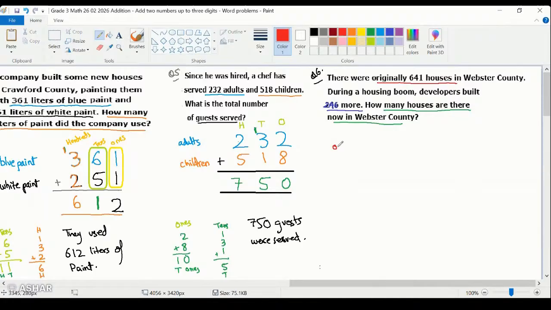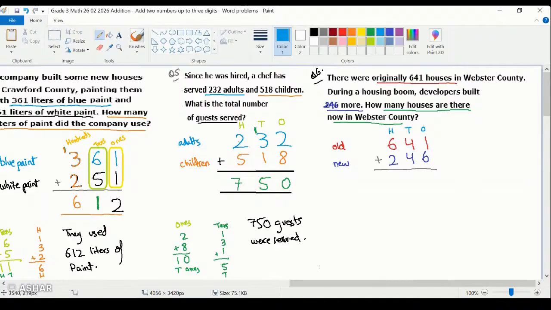I can say the old number of houses was 641. The new houses that were built were 246. If we need to find the total number of houses, we simply add the ones, we add the tens, and we add the hundreds.